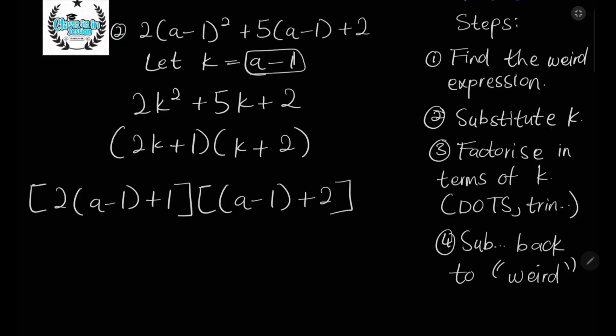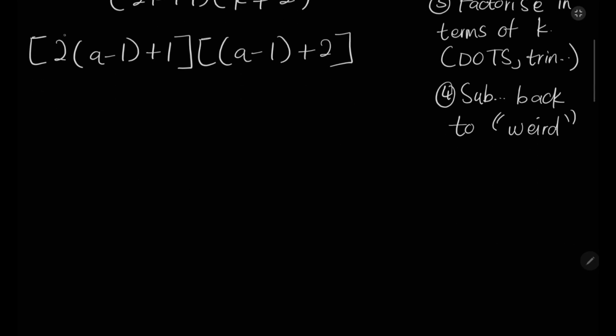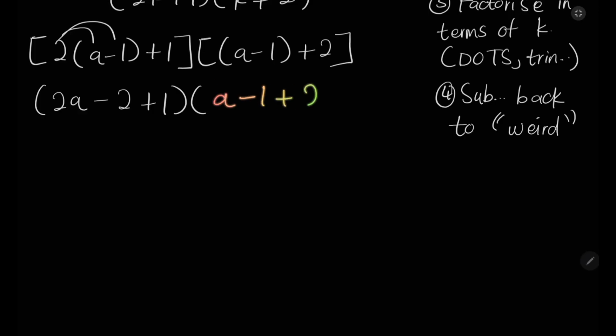Let's try the first bracket. First, we have 2 times a, which is 2a. Then 2 times negative 1 is negative 2, plus 1. Close the bracket. I made a mistake in the second bracket. This should be (a minus 1) plus 2. Let's simplify the first bracket.